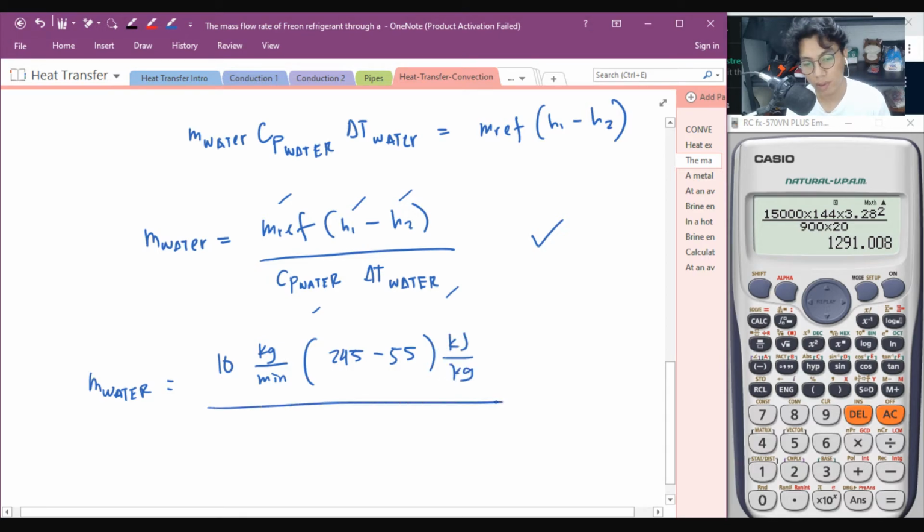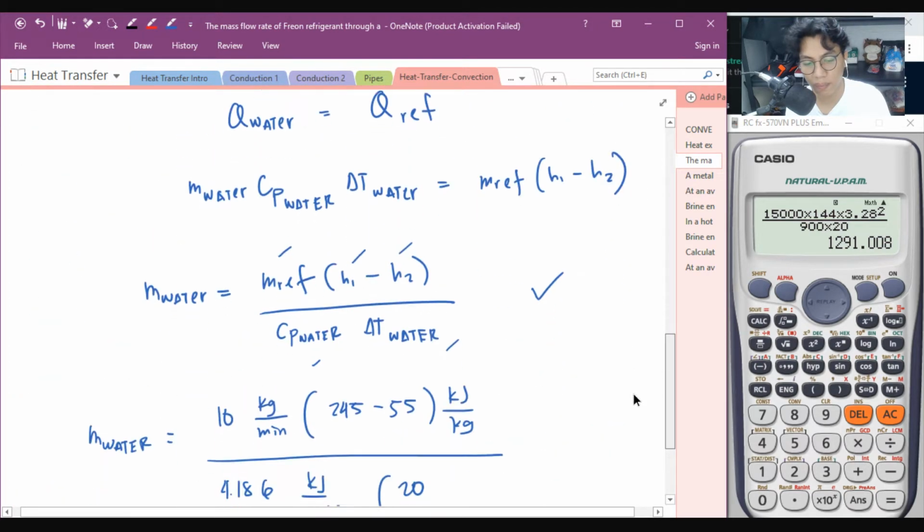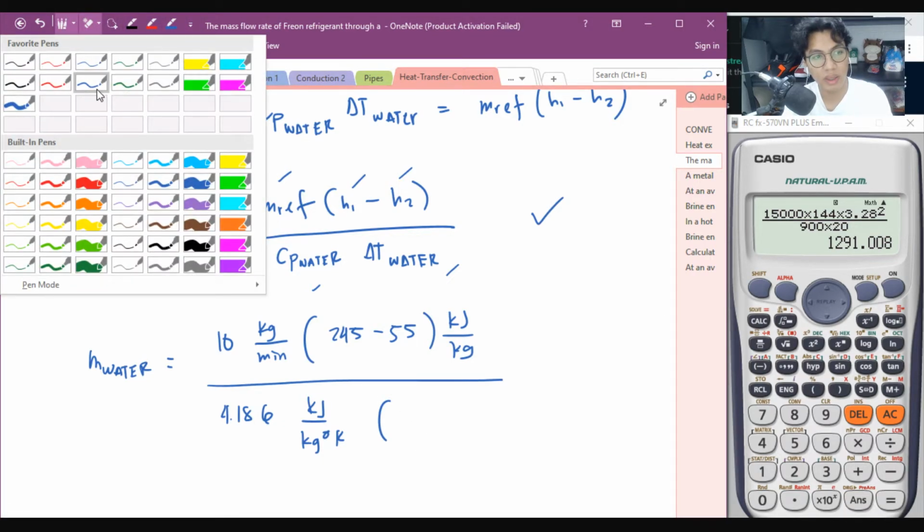The Cp of water, that is 4.186. 4.187, pwede rin. Ay, mas gusto ko 4.186. Pwede na yun. Kilojoule per kilogram, degree Kelvin. So, the change in temperature is 20, kung di ako nagkakamali dyan. Ay, 10 pala. 10 degrees Kelvin.